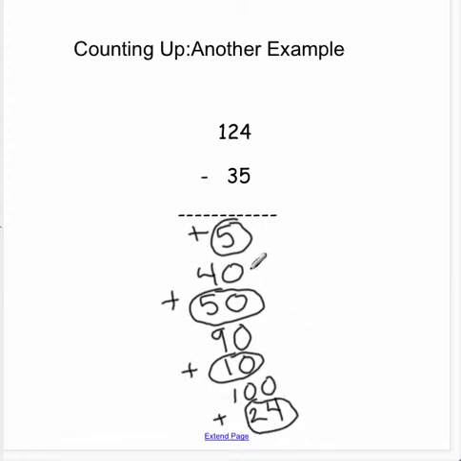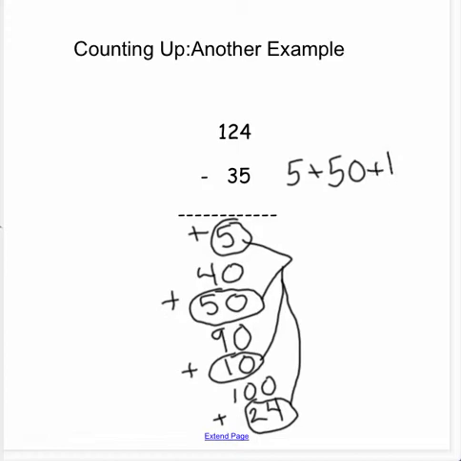And then to find my answer, I'm going to add all of the parts that I've circled. So I'm going to add 5 plus 50 plus 10 plus 24. 50 plus 10 is 60.